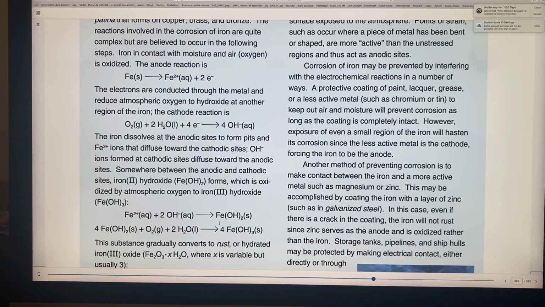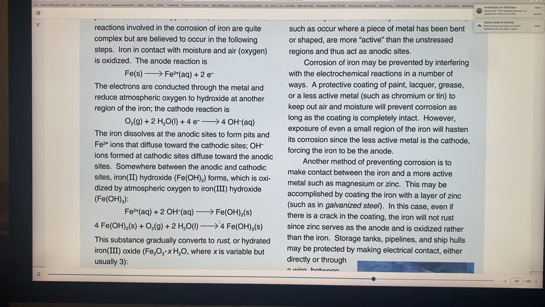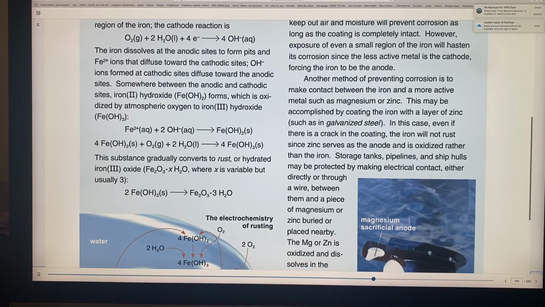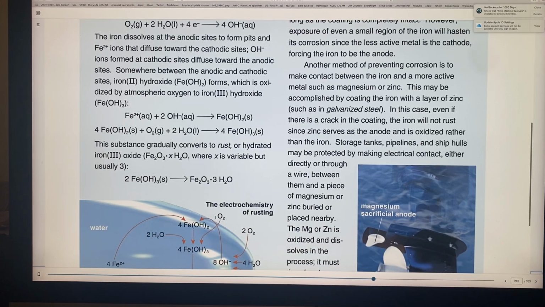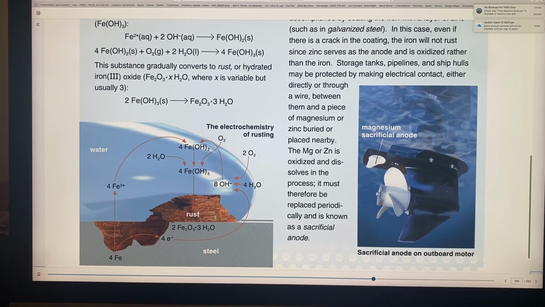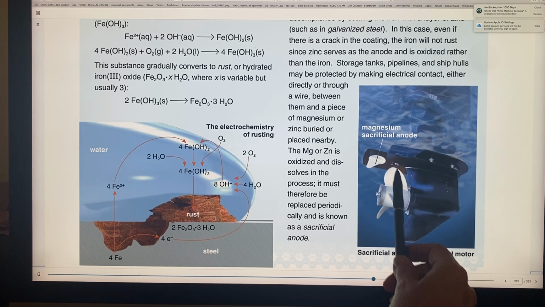And so they have galvanized steel, where they put zinc or magnesium so that it will take the reaction rather than the iron. Another is kind of a weird thing they do, but here we have a magnesium sacrificial anode right here.